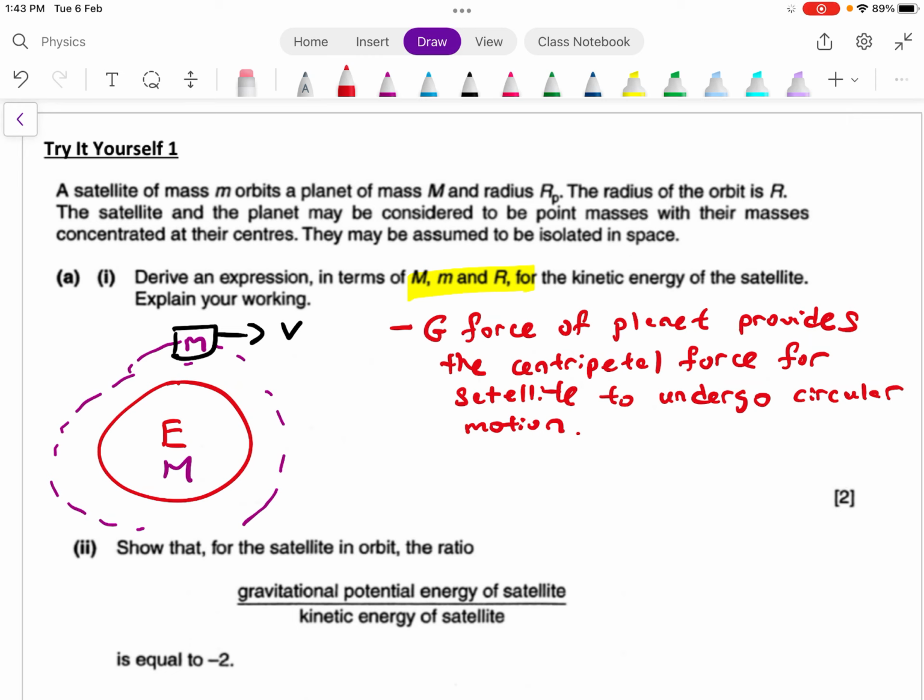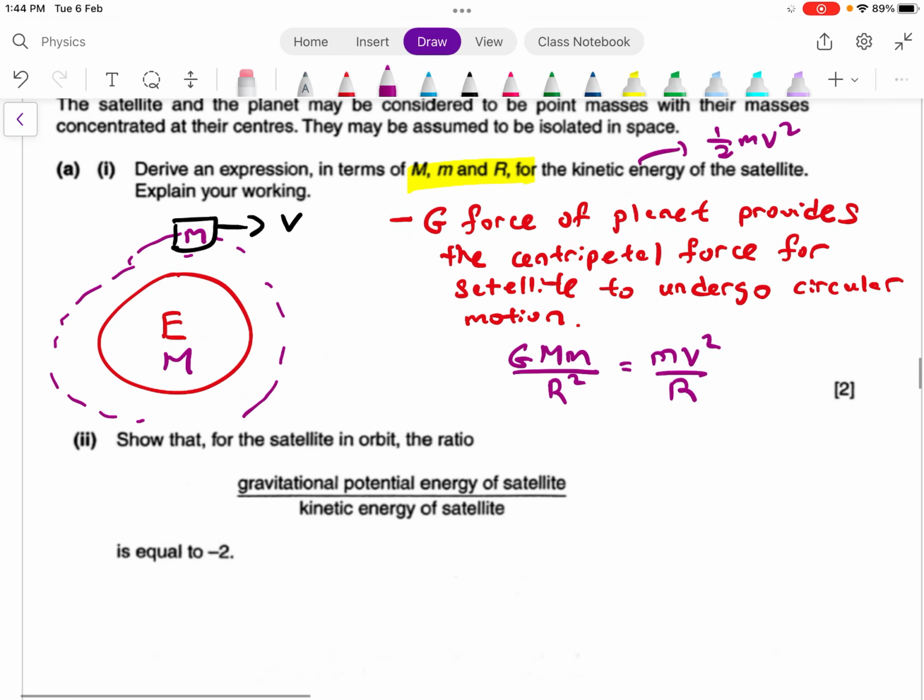Okay, so with this, of course we can actually write down the equation. So for example, I want to express the KE. KE normally is expressed in terms of half mv square, right? Of course now I want to express it in terms of GMm over r. So now GMm over r square is equal to mv square over r.